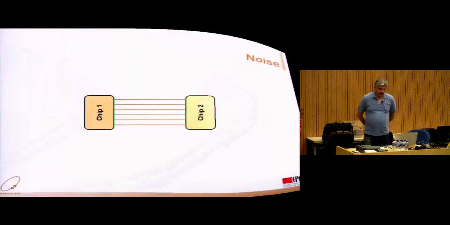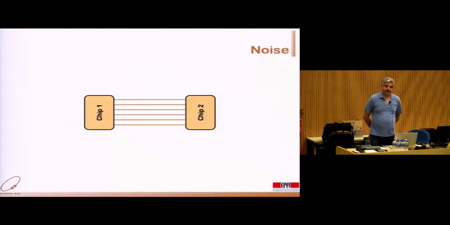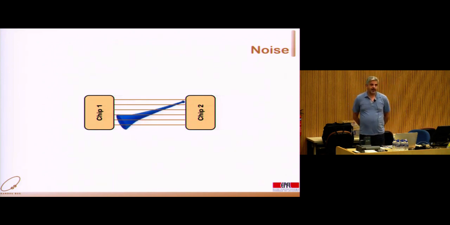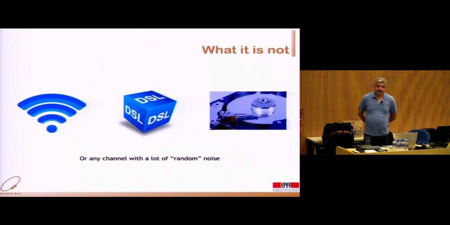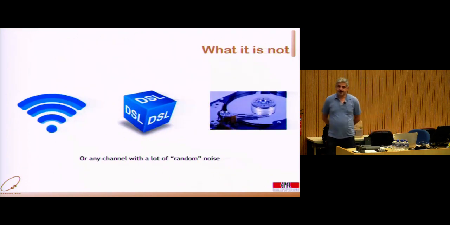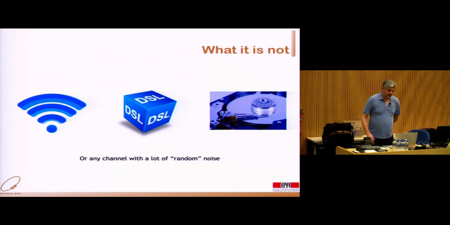Usually when we talk about this, we have to talk about the communication channel. As I mentioned, there is noise when you transmit data between the two chips. It's actually a very good thing if you don't know anything about communication channels. If you know some things about them, you may be inclined to think of this channel as something like DSL, or wireless, or maybe a magnetic hard drive.